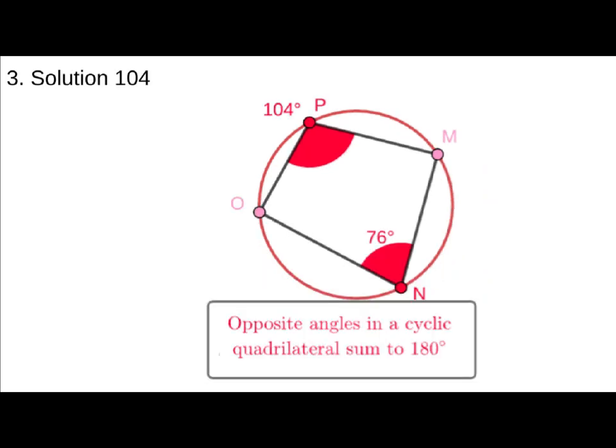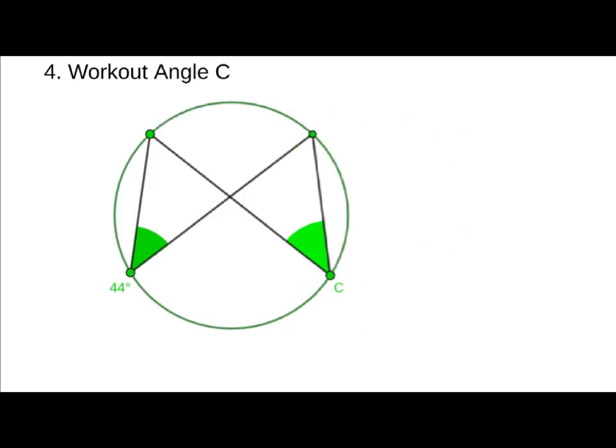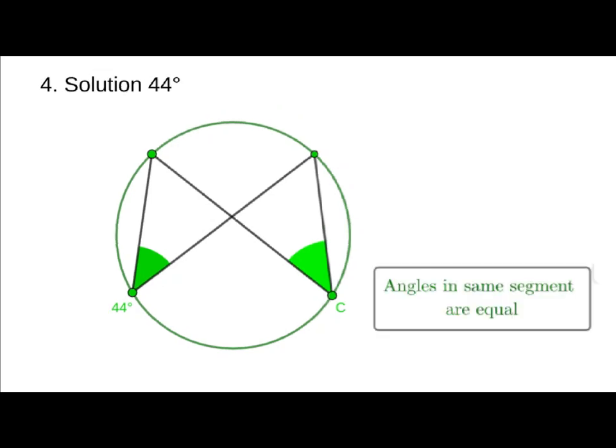Well, the angle at P is 104 degrees because opposite angles in a cyclic quadrilateral add up to 180 degrees. The angle at C is 44 degrees because angles in the same segment are equal.